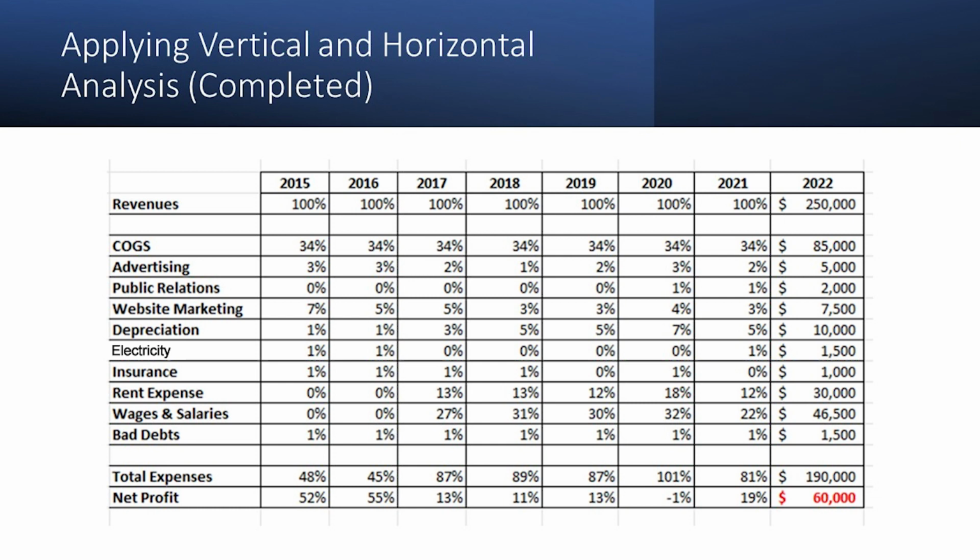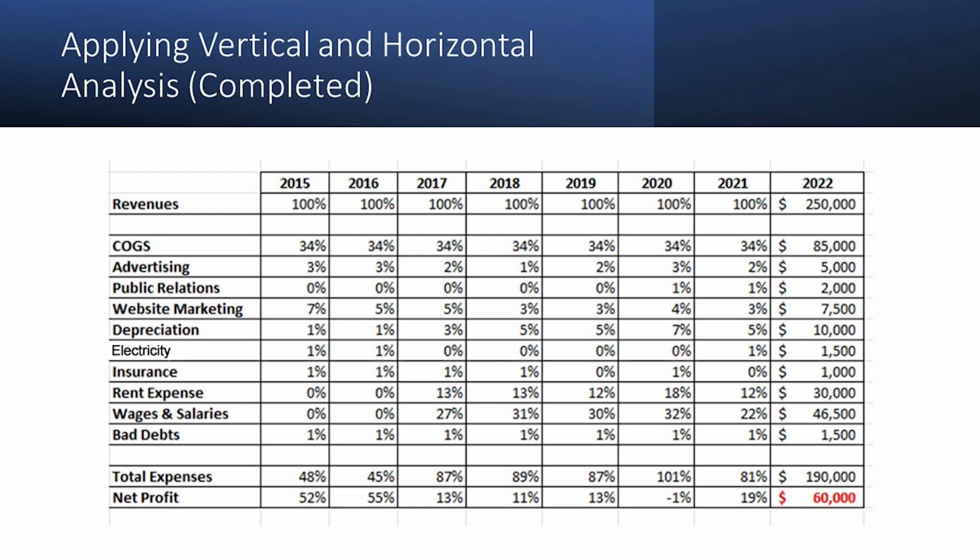So we see we've been spending at different levels when it comes to website marketing. Again, by doing a vertical analysis, we get to see the changes that we're making in the business from various decisions that we're making across the various expense line items. And we also get to see that horizontally. We get to see what trends are developing as we go from left to right.